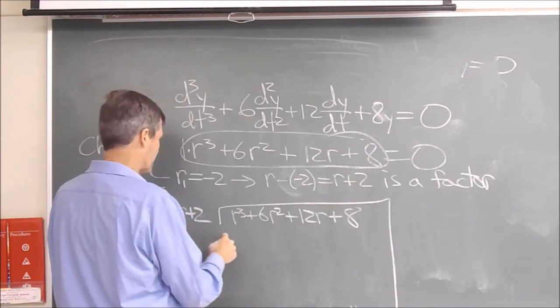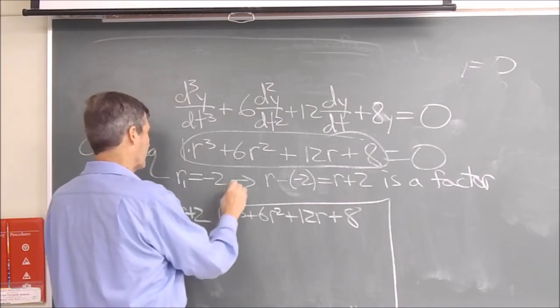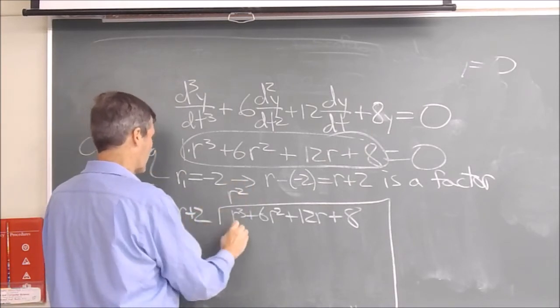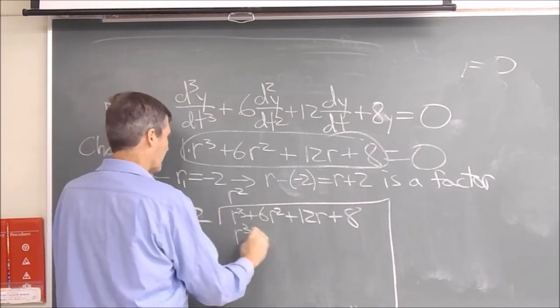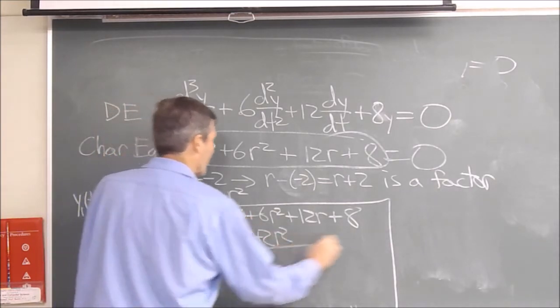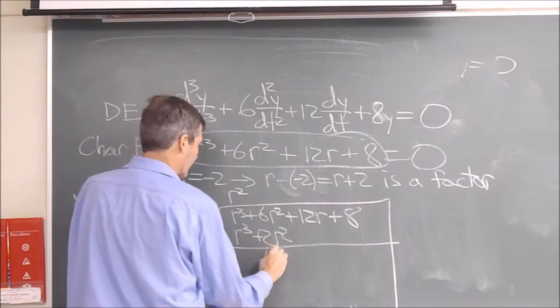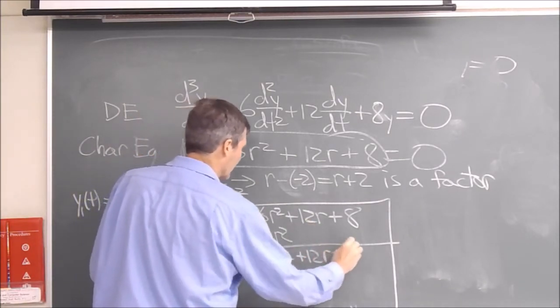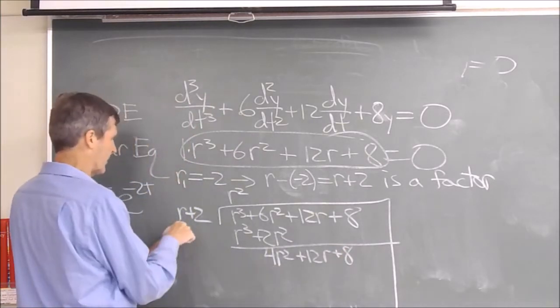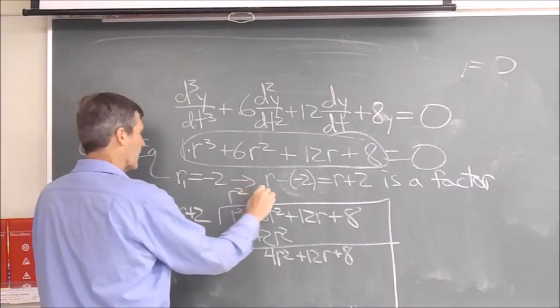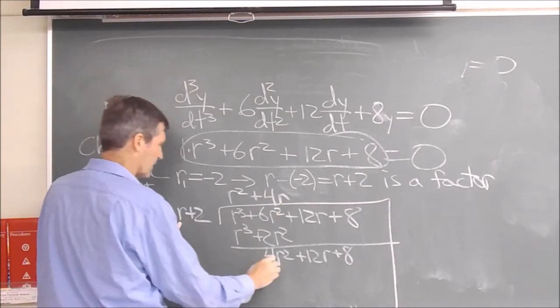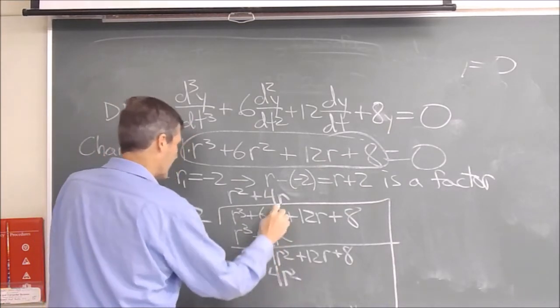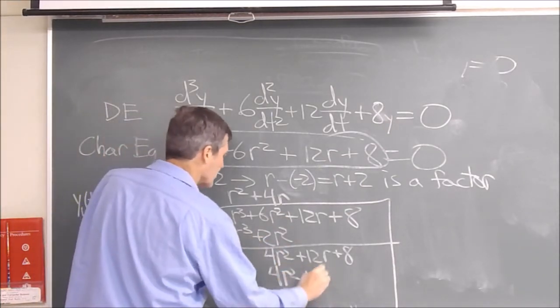So r plus 2, I need to get an r cubed, so I'm going to have to multiply by r squared. r squared times r is r cubed, and then I've got plus 2r squared here. I subtract down, and these subtract down to 4r squared, and then I'm carrying on still to 12r plus 8. Now to get 4r squared, I'm going to have to multiply r by 4r. 4r times r is 4r squared as I wanted. 4r times 2 is 8r.